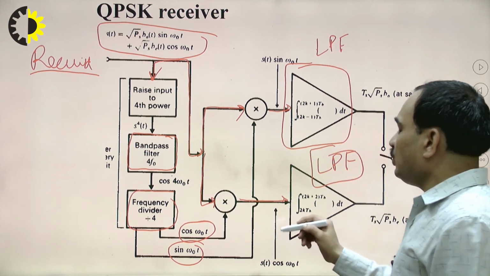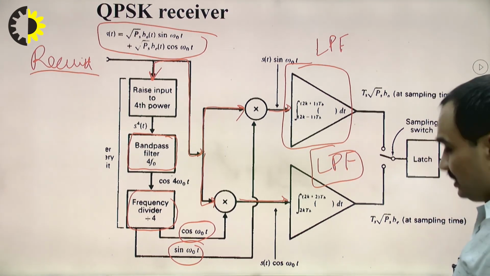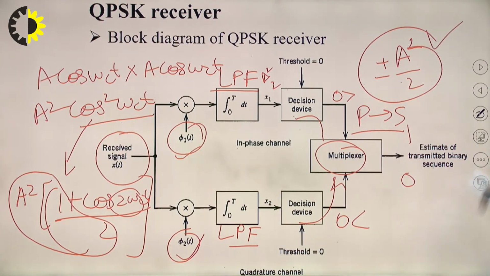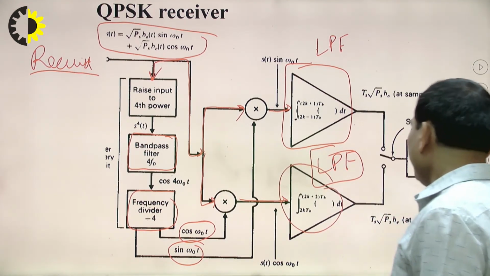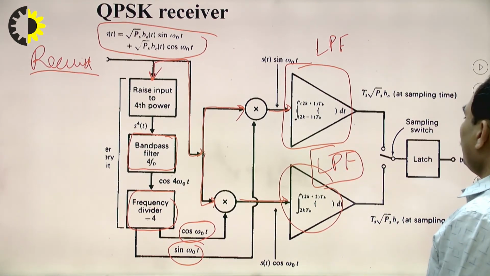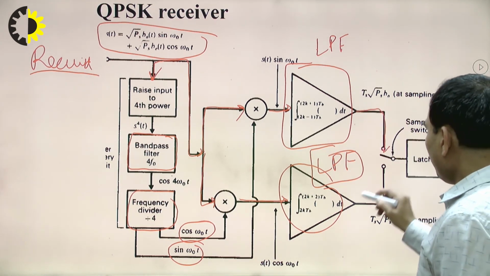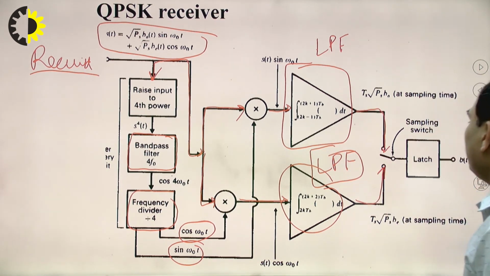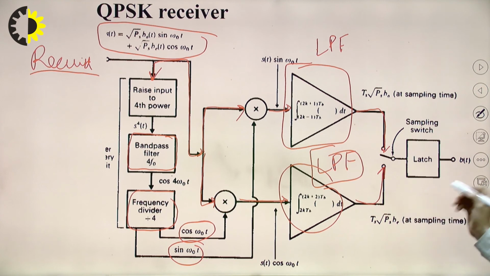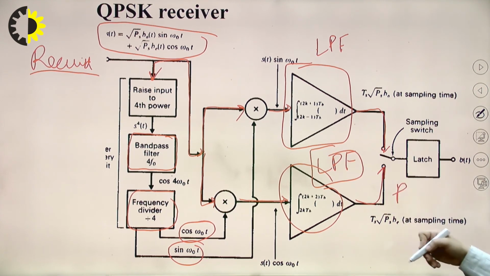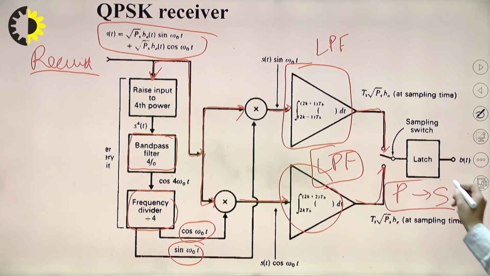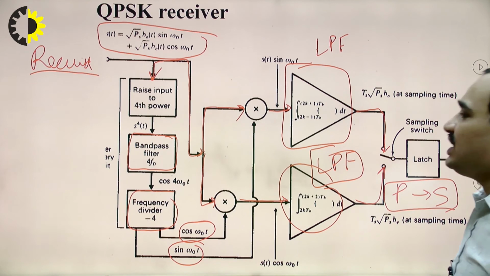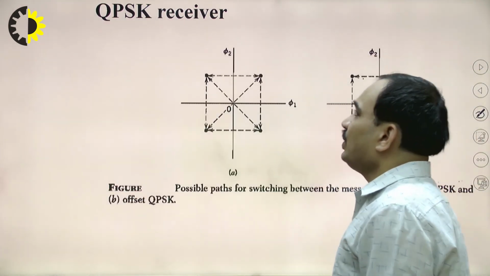After passing through the low pass filter we get, as explained, plus minus A squared by 2. So we get only the DC component, the remaining are filtered out. With the help of this 2:1 mux, or the help of the latch, we can convert the parallel odd and even bits to serial bits. So the output will be the recovered data, that is b(t), the message which we transmitted from the transmitter.